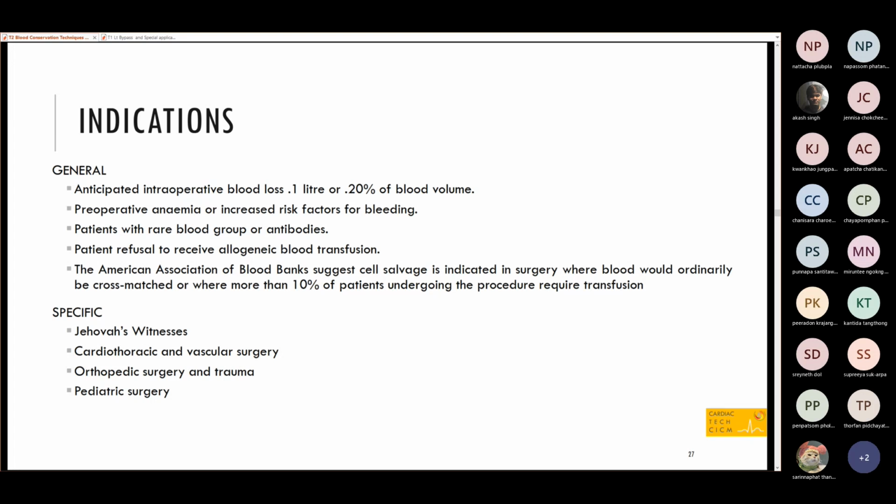In bone surgery, some centers use it a lot in orthopedic surgery, because some procedures are quite complex and they try to avoid transfusions, so the cell saver is a choice for them. Pediatric surgery too, because we need to avoid some transfusions as it's quite sensitive for the baby.